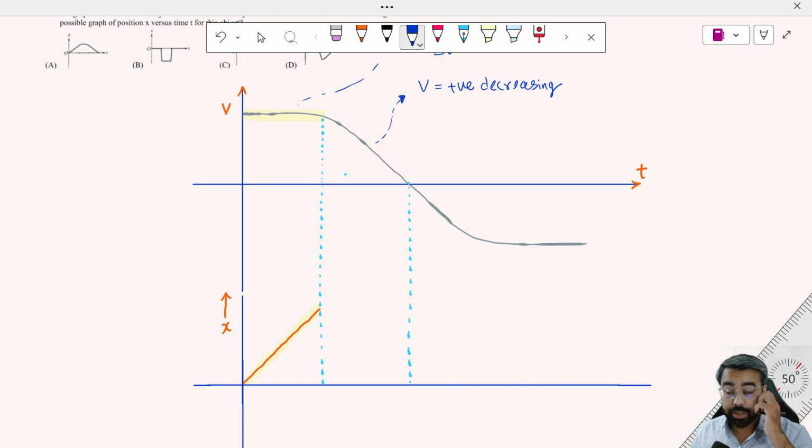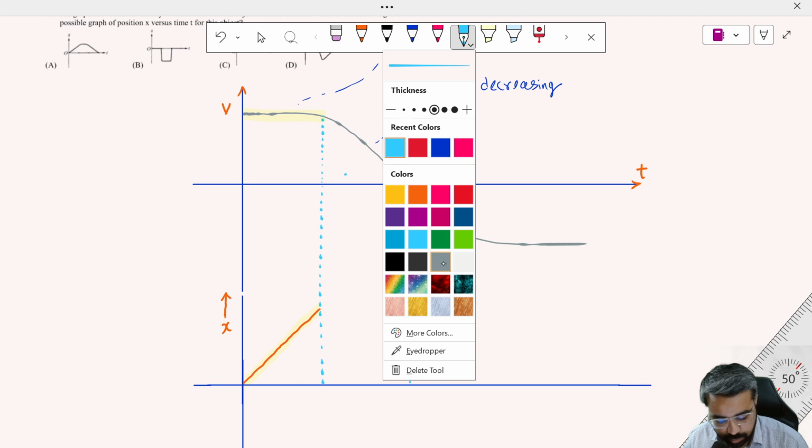Whenever the position time graph is a straight line, at any angle, the velocity time graph always gives us a constant value. But here we see it is decreasing and it is becoming zero.